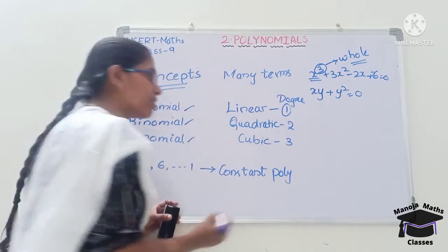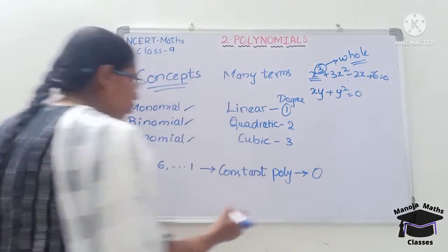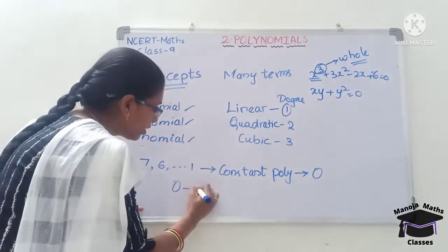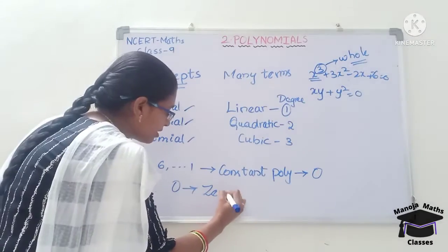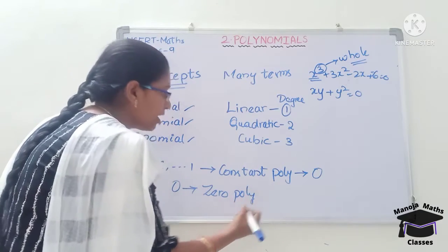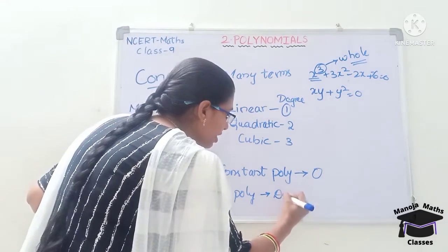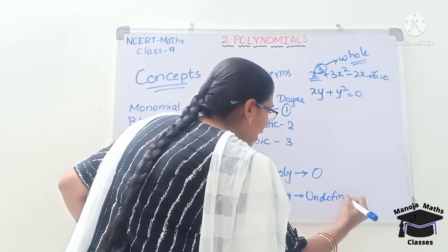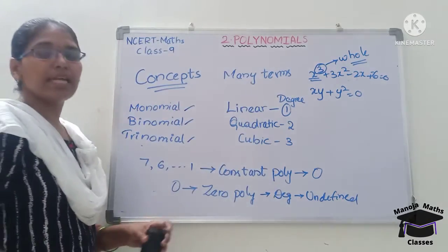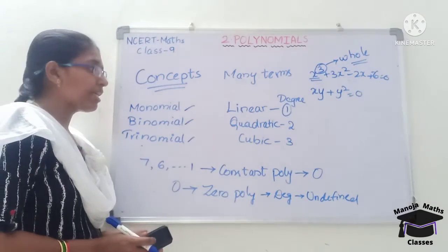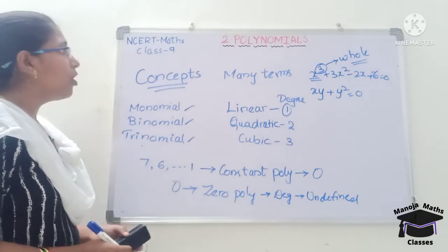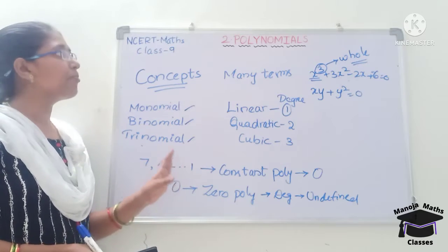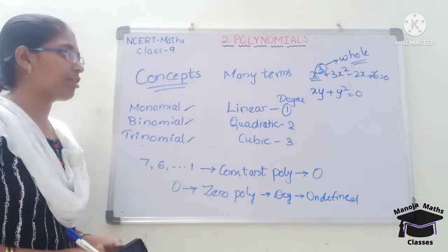And what is the degree of a constant polynomial, children? 0. And 0 is called the zero polynomial. And the degree of the zero polynomial is undefined. And what is degree, children? Degree is nothing but the highest power of the variable in the polynomial. All these concepts are the main important concepts in polynomials, children.